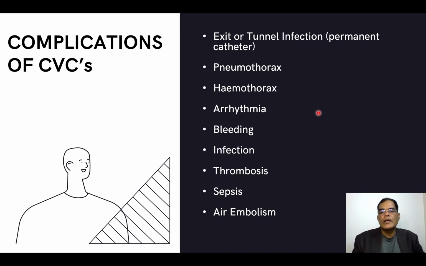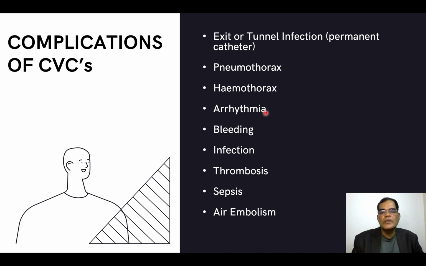Exit or tunnel care infection, this is mainly in the permanent catheters. Pneumothorax, this could be an insertion related issue. Haemothorax also. In pneumothorax, you will see maybe some air collection in the thoracic cavity, and haemothorax may be some blood collection over the thoracic cavity.